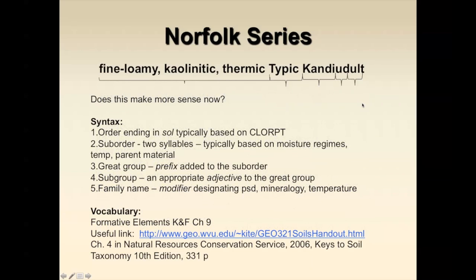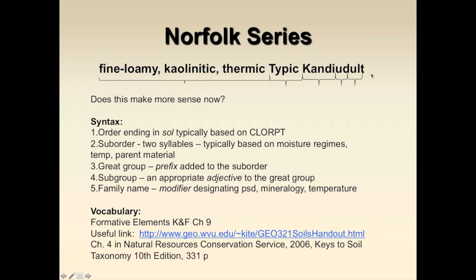So here we go. We're going to revisit this again, but your syntax is the alt is your order name, your suborder name is not necessarily two syllables, udalt over here. Your grade group is a prefix added to the suborder.